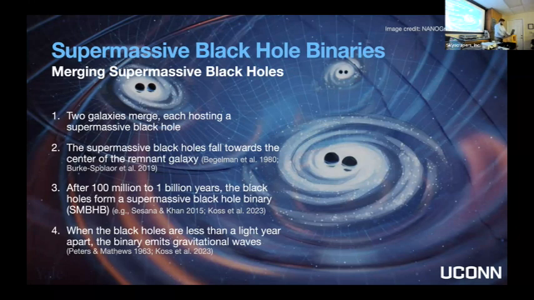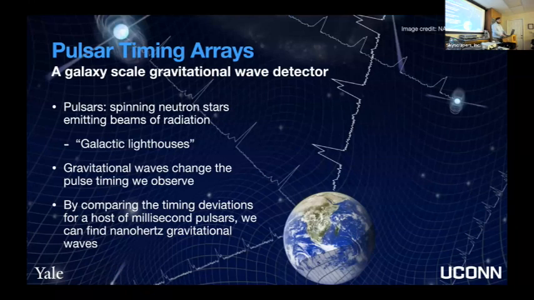All right. So the way we detect these gravitational waves is with what are called pulsar timing arrays. So what we've done is we've basically said, let's try to figure out a way to detect these gravitational waves. They have very, very long periods.